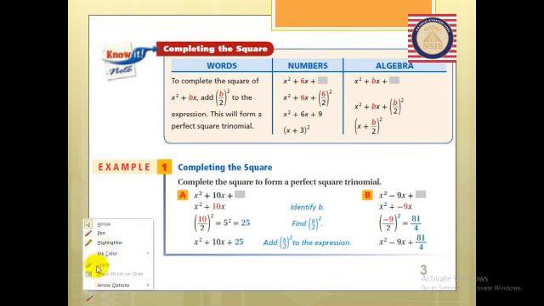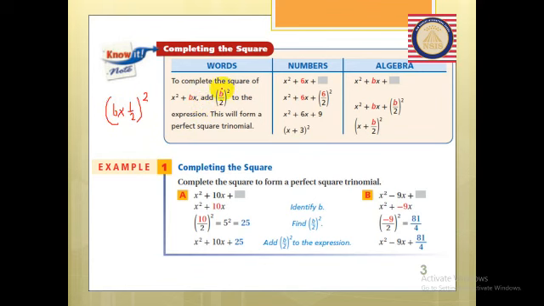So I can write b over 2 all to the power of 2, or b times half, all power 2. I can write it like this or like this.